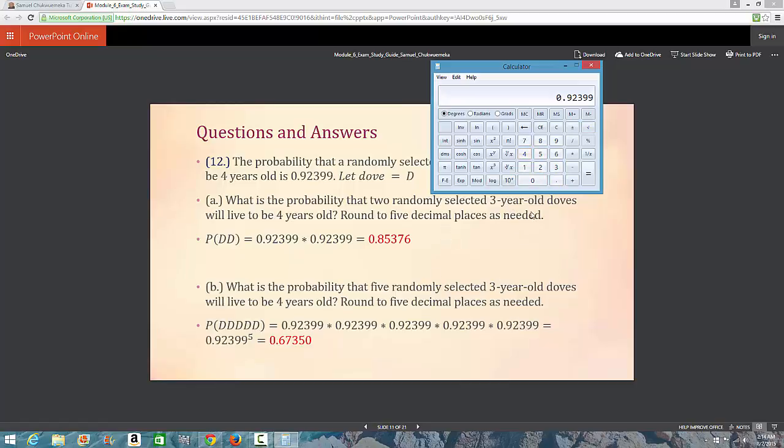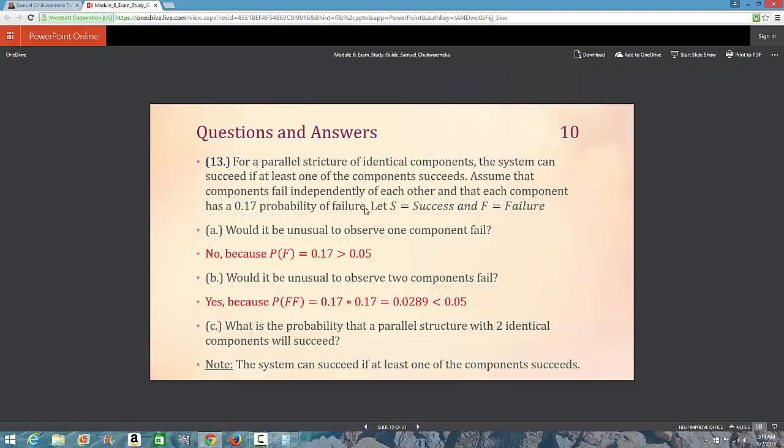You did exponents. All I need is to press x raised to power y, and it is 5. Bam! 0.67349, but the next digit is 5 or more, so I round up: 49 becomes 50. 0.67350. Okay? To save your time.